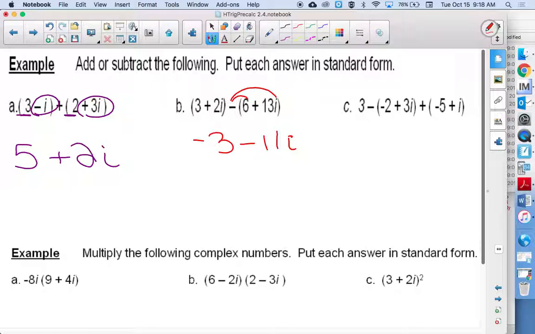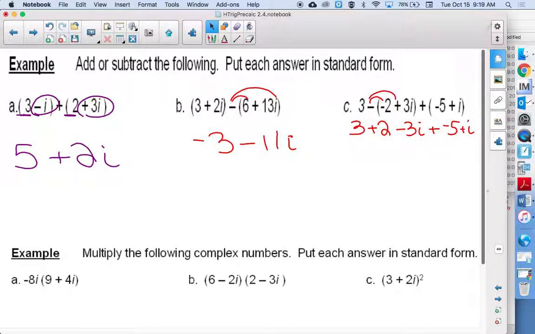Letter C here, we have 3, which is our real number, minus a complex number plus a different complex number. So if we're subtracting, be careful because now this is adding the 2 and subtracting the 3i. So Carrie, if we combine all of our real numbers together, you get 0, and the imaginary numbers, negative 2i.